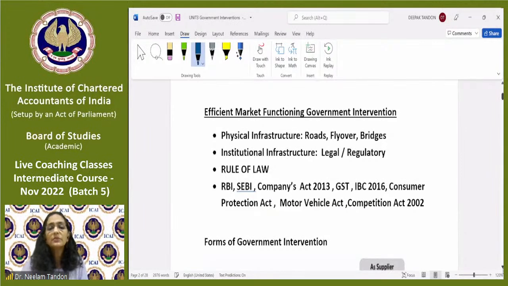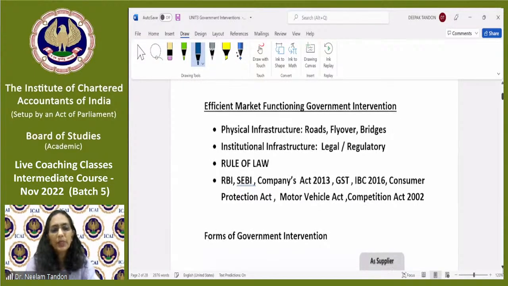So these are the hospitals which are there, so people can go over there. That's why you see number of people, because that's positive externality, but no one wants to take the charge. If you go to Apollo, if you go to Fortis, they charge a lot. So normal people cannot afford to go for that. That's why government has to intervene.